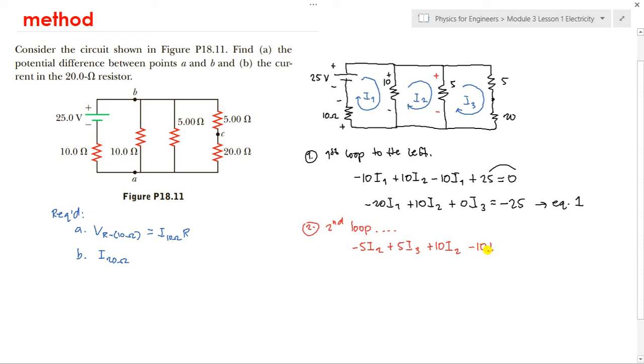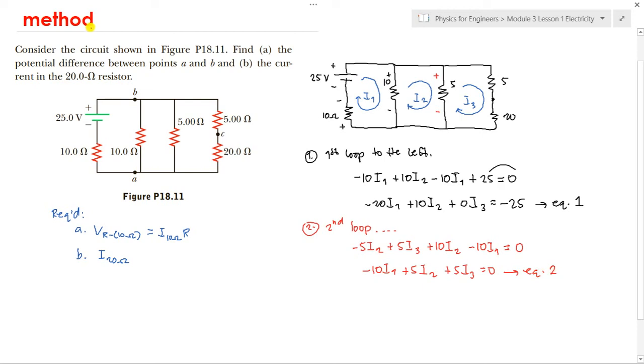That will be minus 10 I1. That is equal to 0. Okay, so rearranging this, we have negative 10 I1. For I2, positive 10 I2 minus 5, that would be plus 5 I2, then plus 5 I3 equals 0. This would be our equation 2.